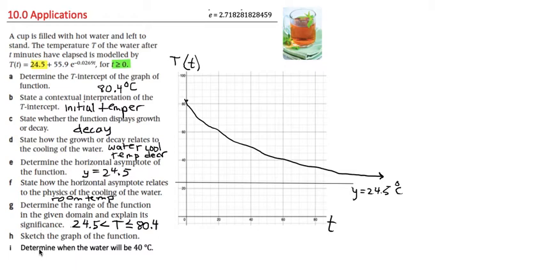And so the last part is just determine when the water will be 40 degrees. We've seen problems like this before. So it's saying, take this function of the cooling and solve this. Now to solve this algebraically, we would need logarithms.